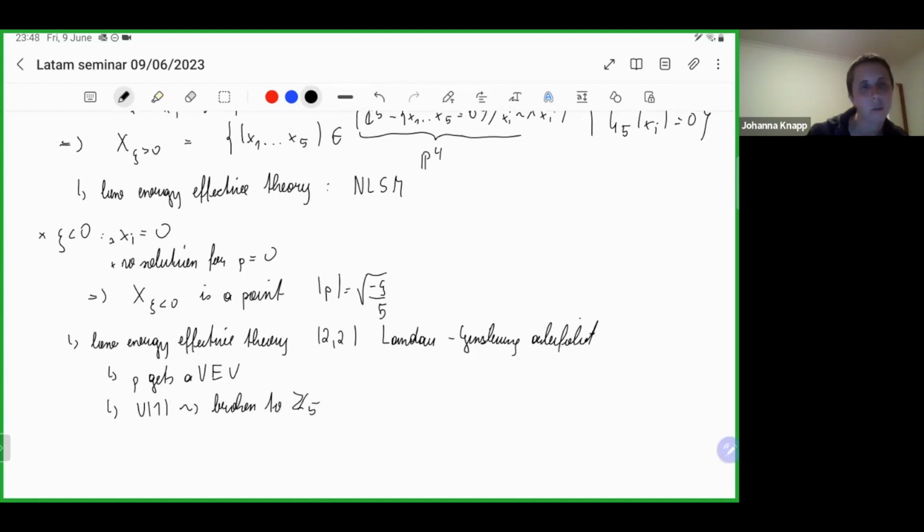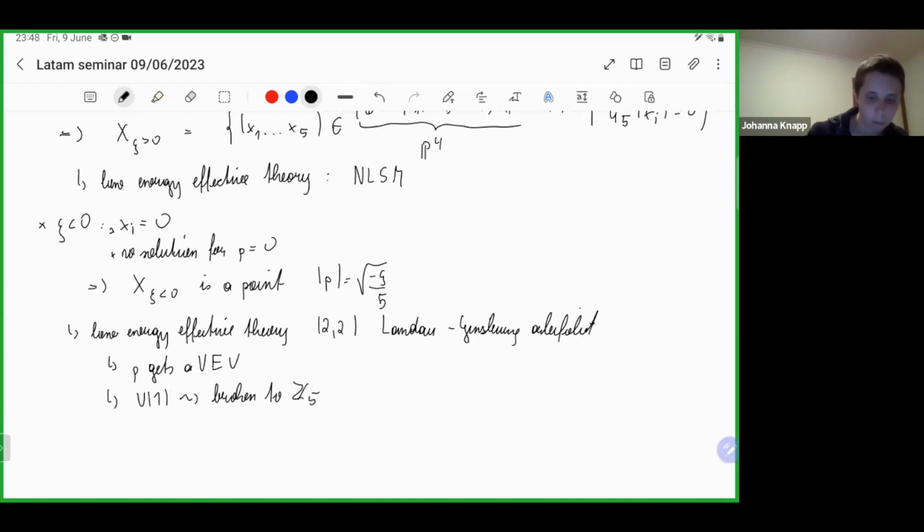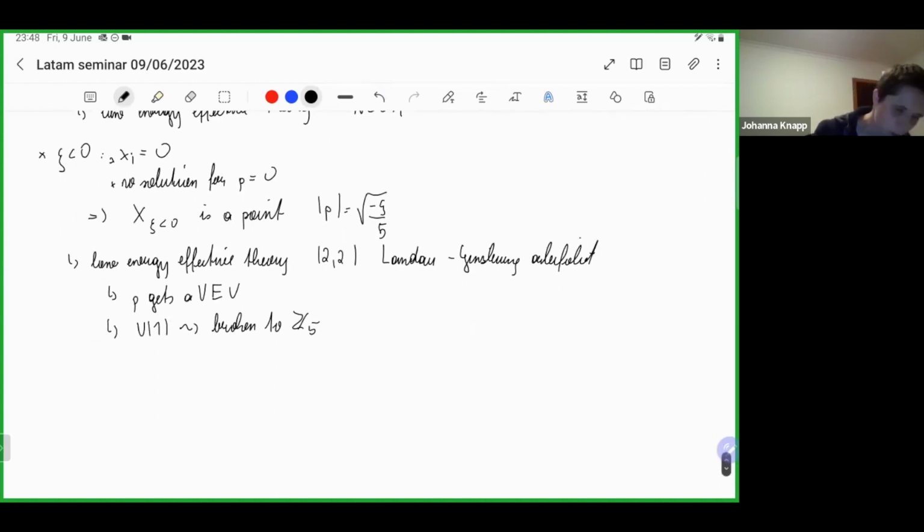So spontaneous symmetry breaking is happening, but only to a Z5 subgroup. And the theory is, take the x's, which are now the small fluctuations around the vacuum that we turned on, that still live in 5-dimensional complex space, but there is a singularity in there because we have this Z5 action, and that's why it's called an orbifold.